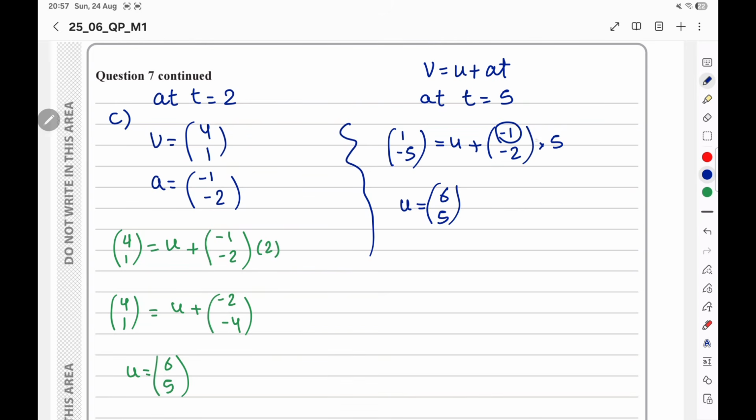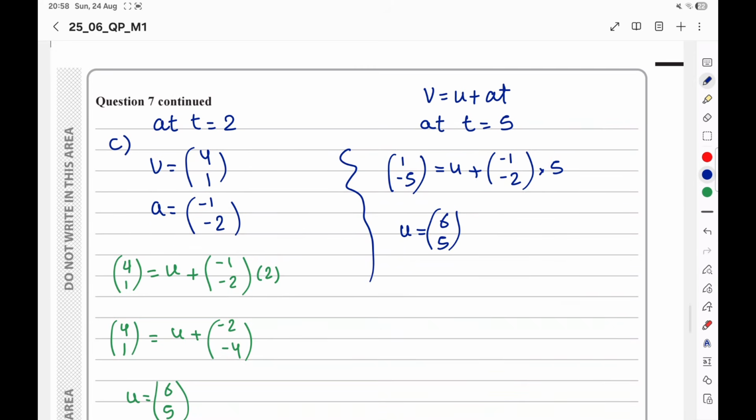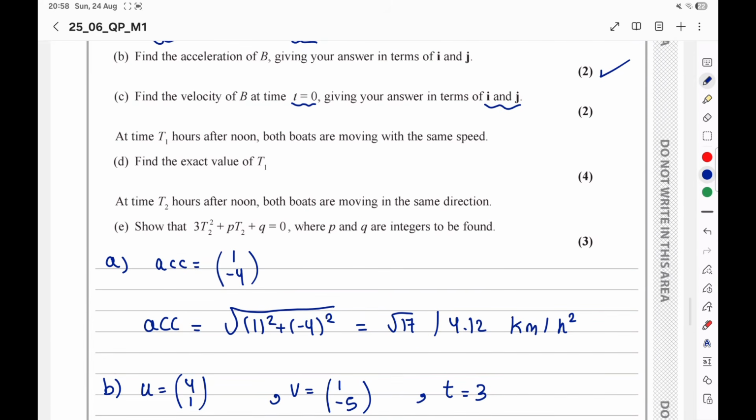Very easy. Negative 1 multiplied by 5 is negative 5. Move it to the left: 1 plus 5, 6. Negative 2 multiplied by 5 is negative 10. Move it to the left: negative 5 plus 10, also 6 and 5. Both ways are correct. Done with part C.